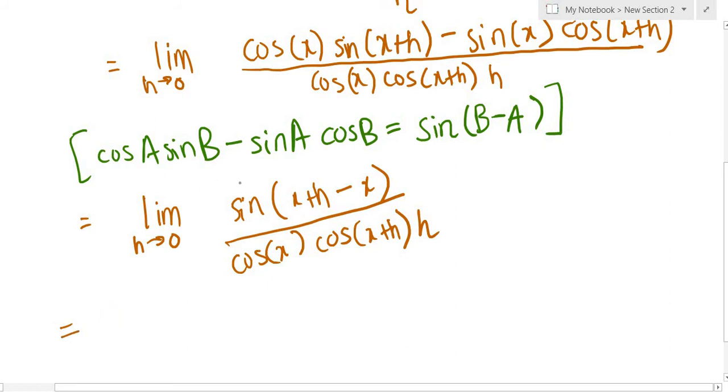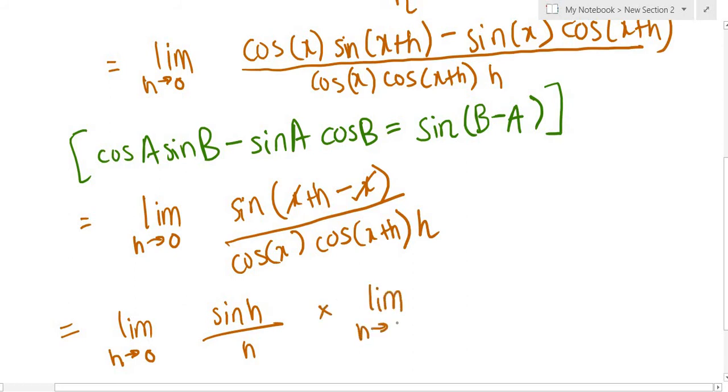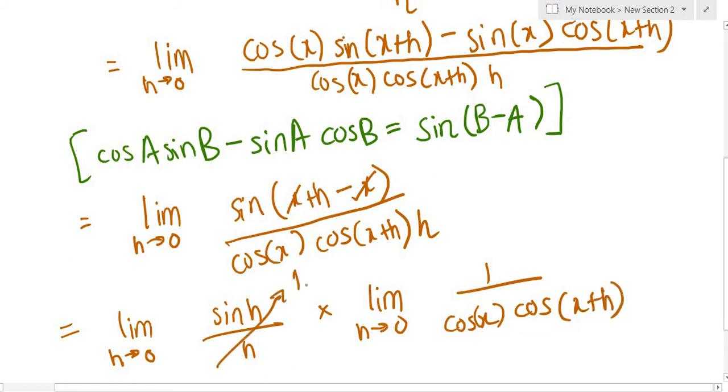So then these x's just cancel out. We have the limit as h goes to 0 of sine of h over h, and I'm going to split this into two products. The limit as h approaches 0 of 1 over cosine of x times the cosine of x plus h, and this just goes to 1. Don't even need to change the variable or something.